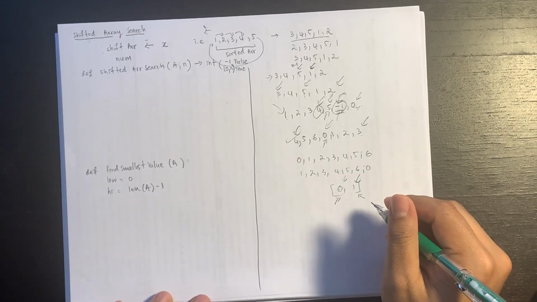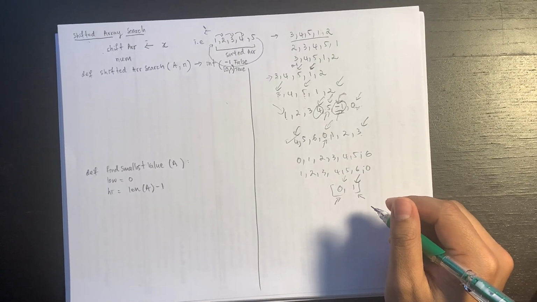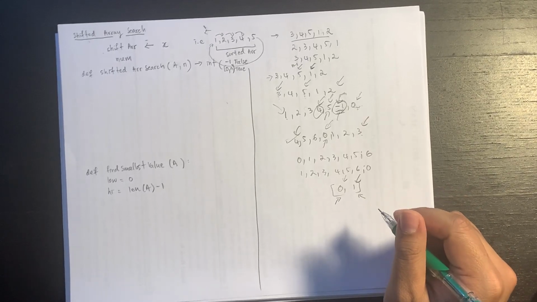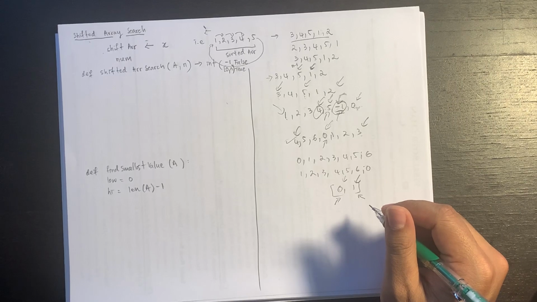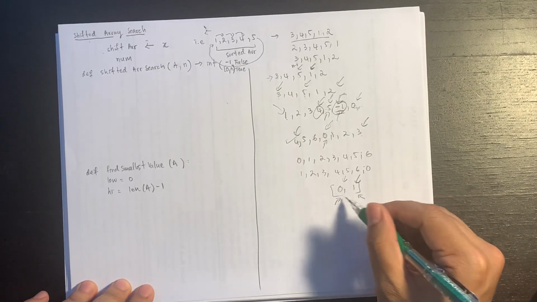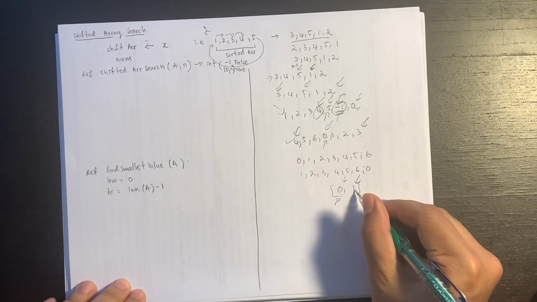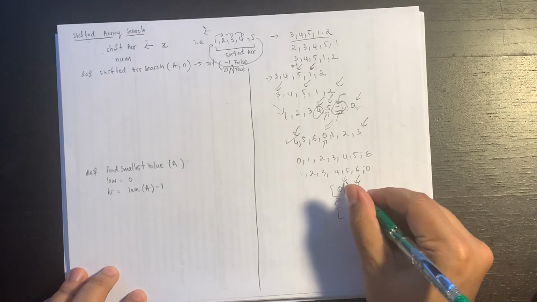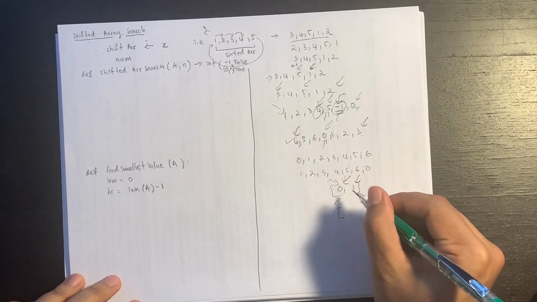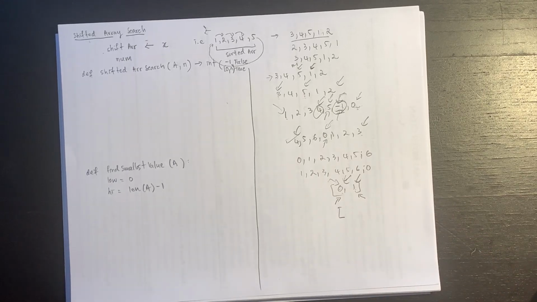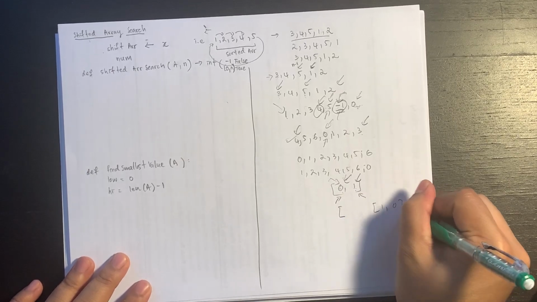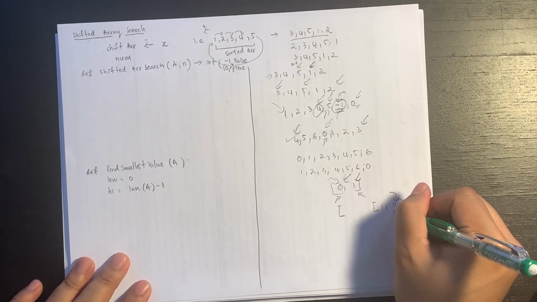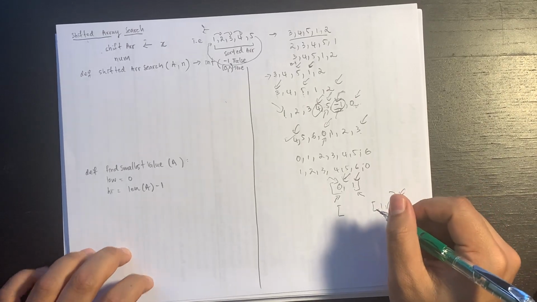That's tricky. In this case, according to my algorithm, it will just pick 0. So we change our high to right here, and our low is just here. It's the same thing when we have 1 and 0. It will move low to here and high to here, and then we pick this index.